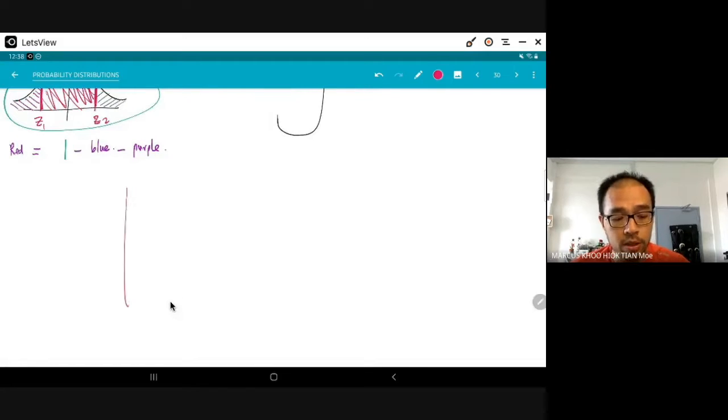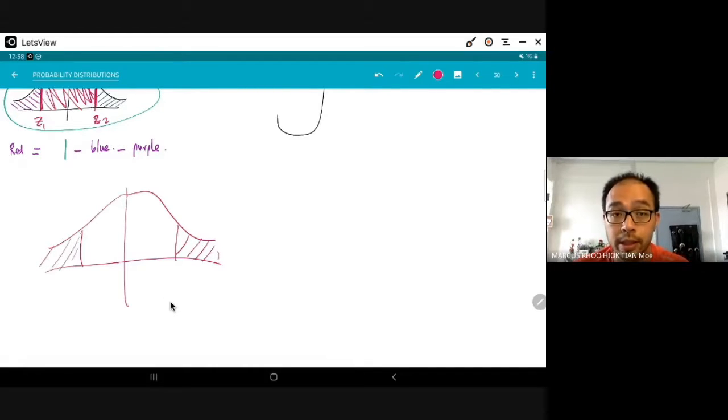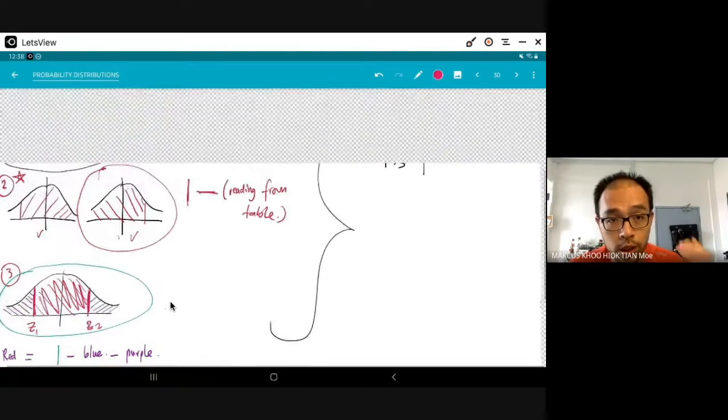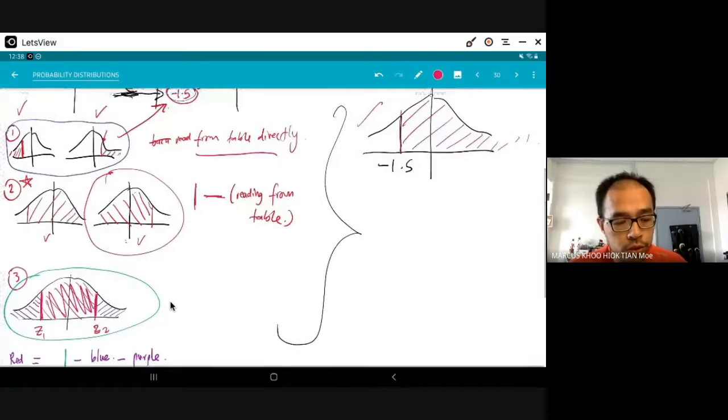Sometimes you will get situations where when you shade, you only shade a small part, and that is all the question asks for. But these are very rare, and if we ever come to that question, then we will talk about it. These are the 3 most common situations that you will see when we are problem solving.